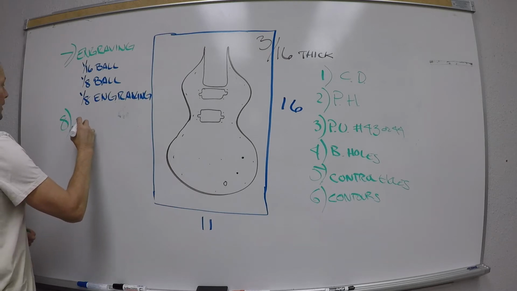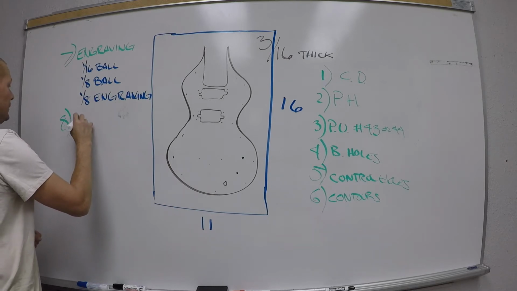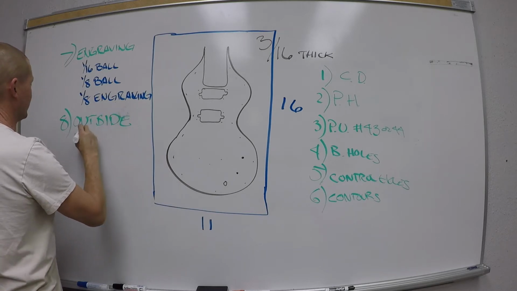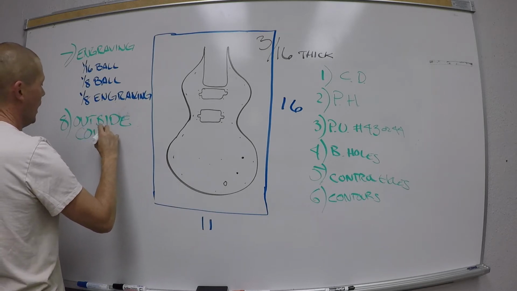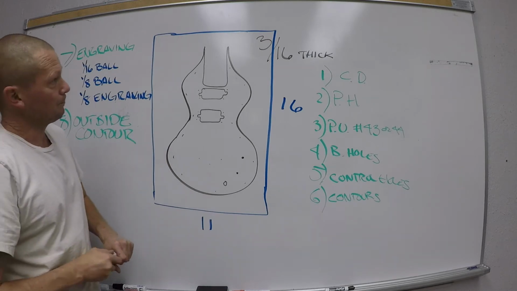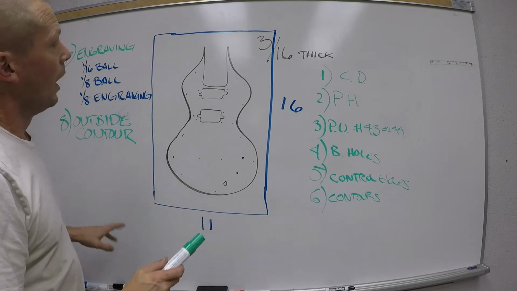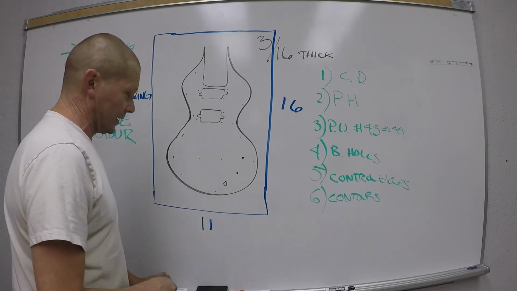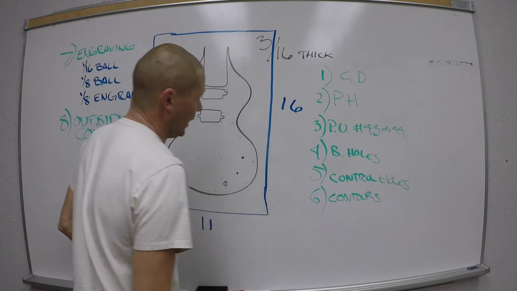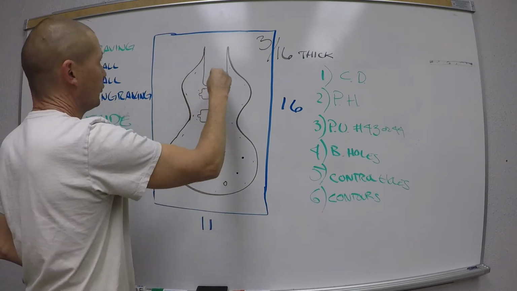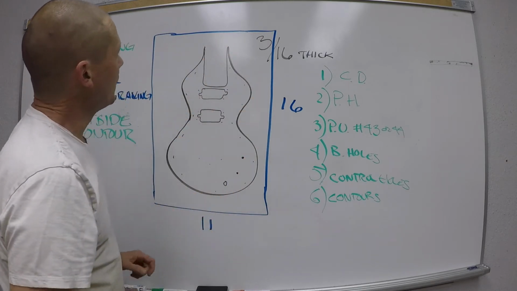And I'm going to do the outside contour, okay? And this is really what I want to talk about. But this is what we're doing. So let's say I take a 1/4" end mill, and I'm not going to do it in one pass, so it's going to be multiple passes all the way around.